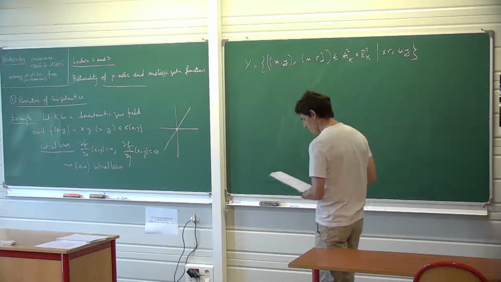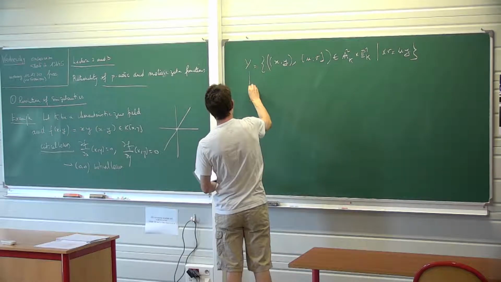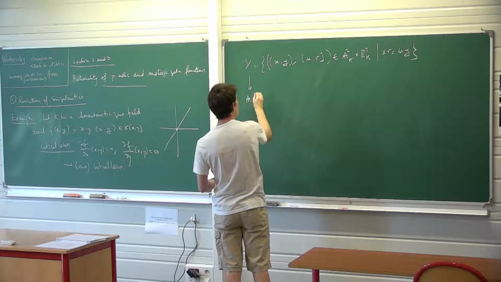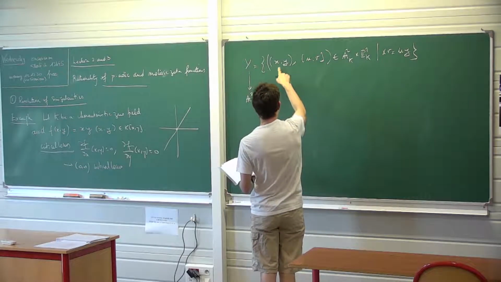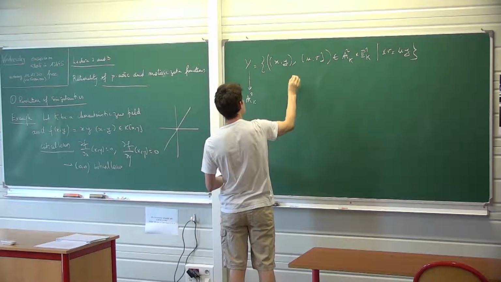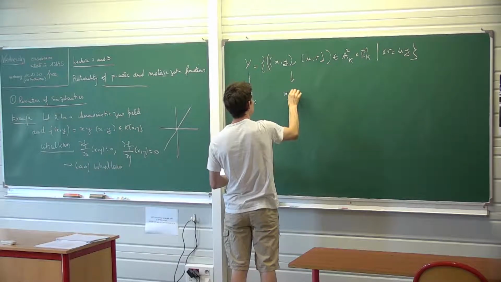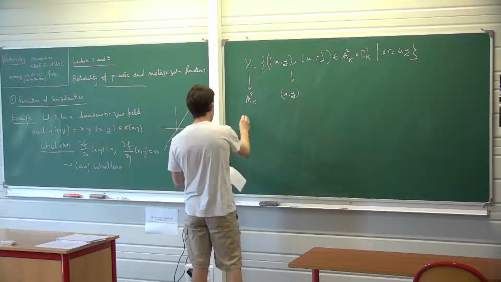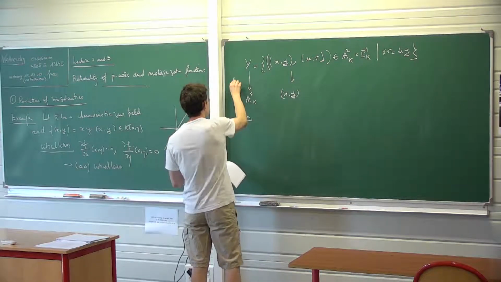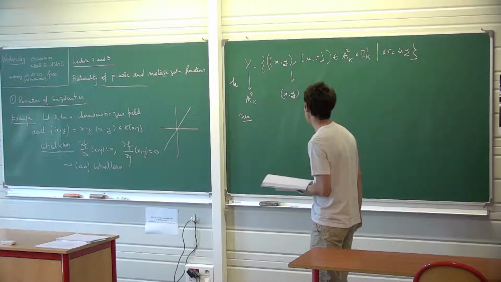Okay, and you have a projection to the plane, which is given by the first projection. Okay, so remark. I denote by H this map.